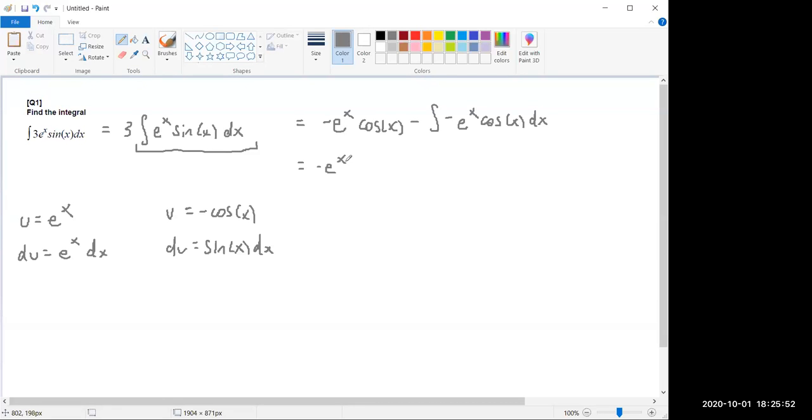Let me just combine the two negatives, so this is plus. Now we have to solve this integral right here. That will require another by parts, so let's write out another set.